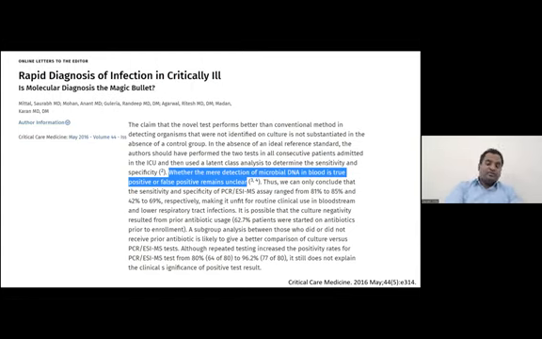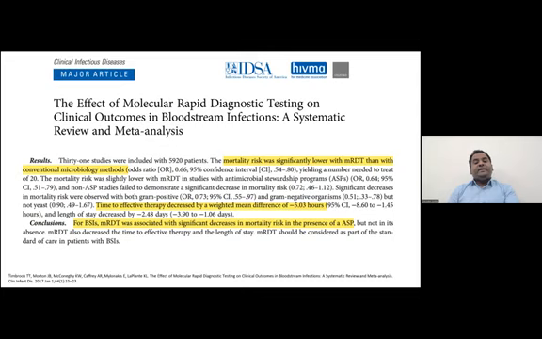So this was a systematic review and meta-analysis of the effect of molecular rapid diagnostic testing systems on clinical outcome in bloodstream infections. And they found actually that the mortality risk was significantly lower if a molecular rapid diagnostic testing was used than the conventional microbiology methods.